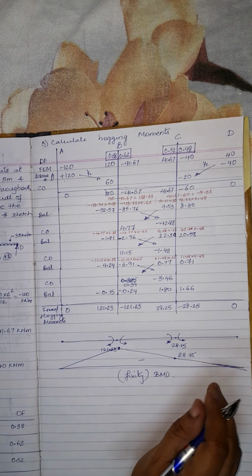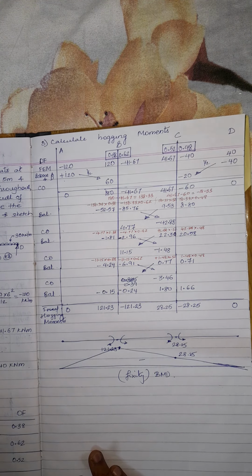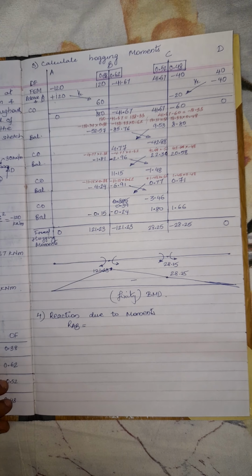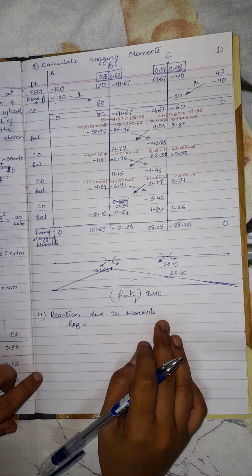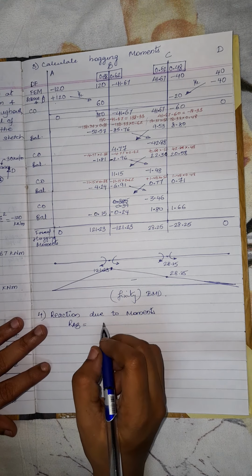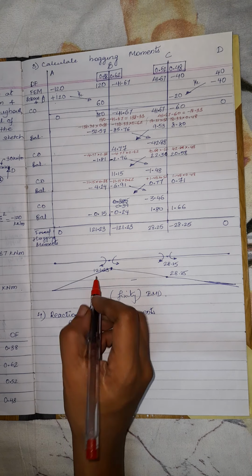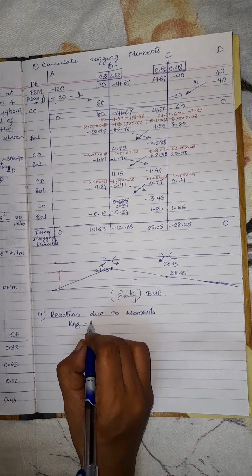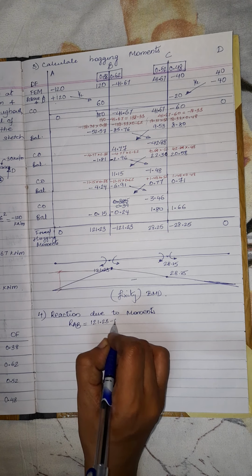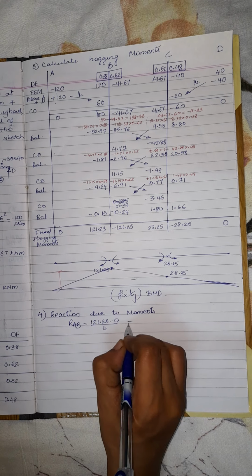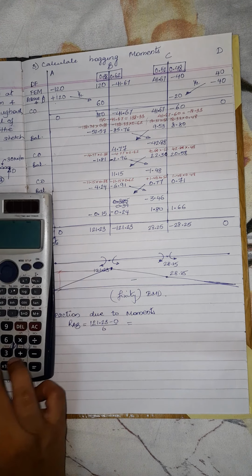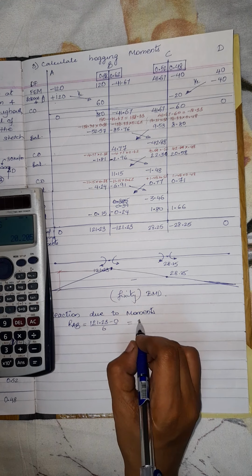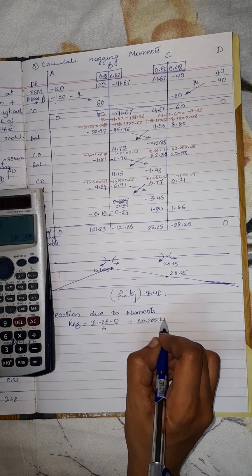Okay, next step is calculate reactions due to moments. We have sketch here, so I'm not drawing it again. So we need the difference between these moments, divided by the length of the beam: 121.23 minus 0, divide by 6. So it is 121.23 divided by 6, value is 20.205 kilonewton.